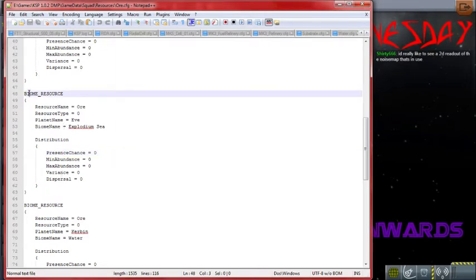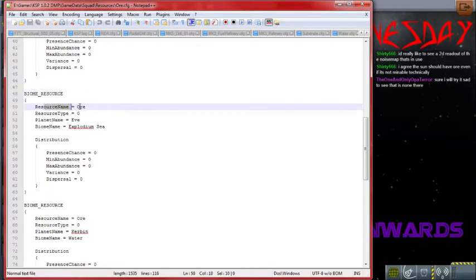So, here we have a different type of resource definition. This one is biome resource. Now, pretty much the same syntax as planetary. But this one is resource name ore. Seeing that one. Resource type 0. We know that. Planet name Eve. Seeing that.